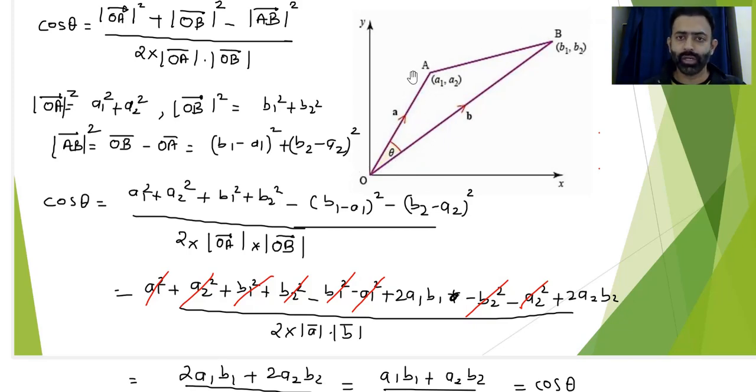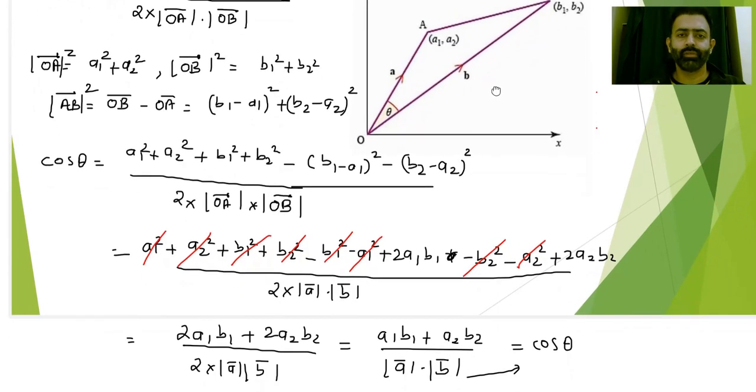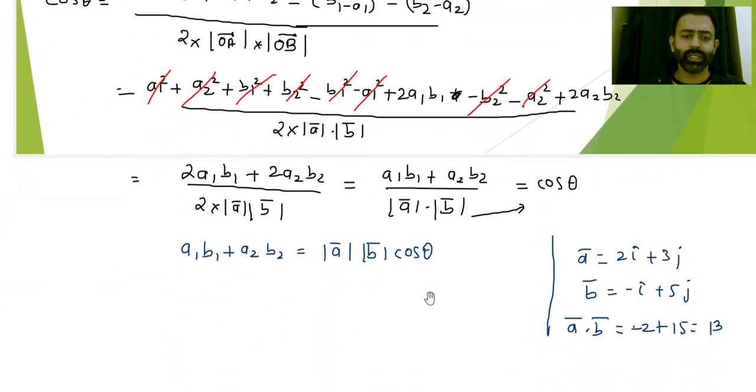Vector OA coordinates are A1 and A2, multiplying A1 with the corresponding X coordinate of OB, plus A2 and B2 means Y coordinates are multiplied. So basically this is written as the dot product of two vectors, vector A and vector B, is equal to mod A mod B cos theta.